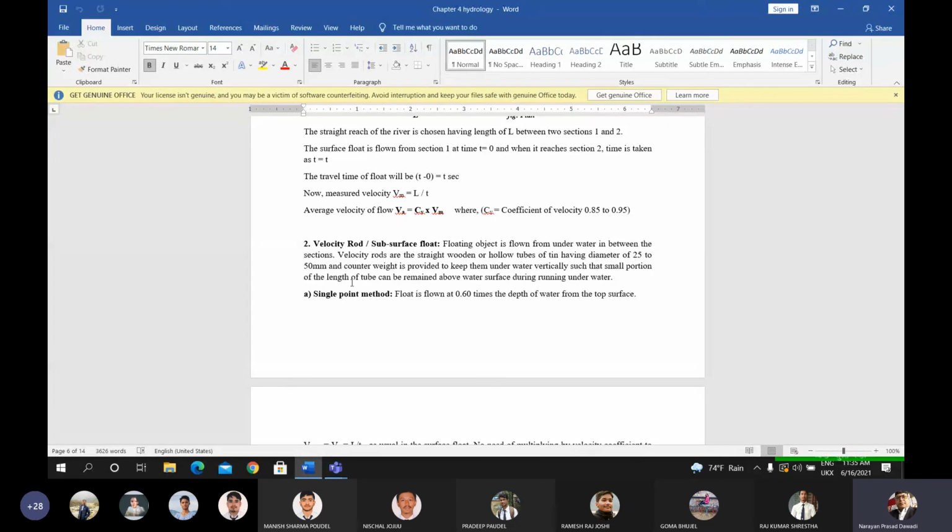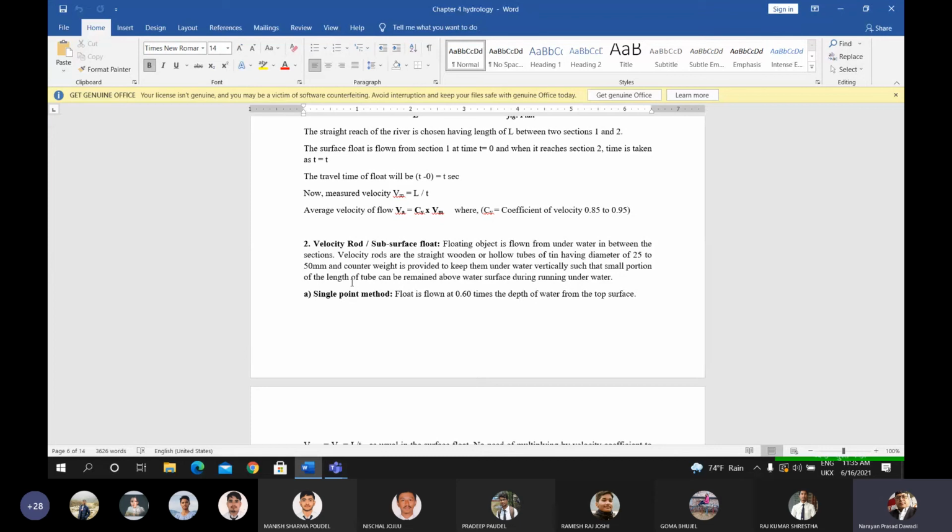That is, a counterweight is provided to make the float flow inside the water. That float can be provided at 0.6 depth of flow. That is, if the depth of the river is d meters, then the subsurface float flows at a depth of 0.6 times d from the top of the surface.